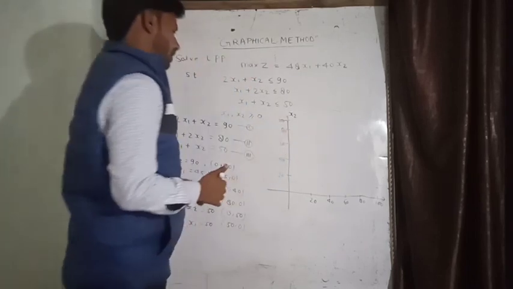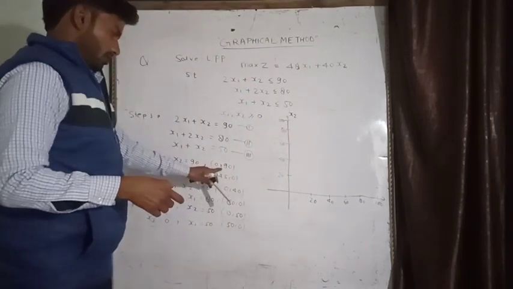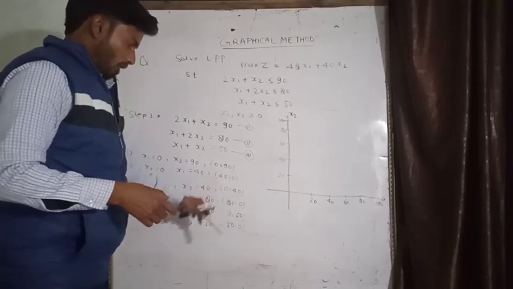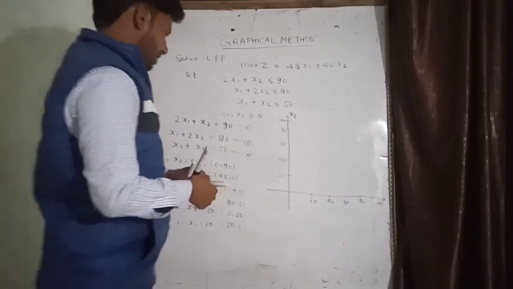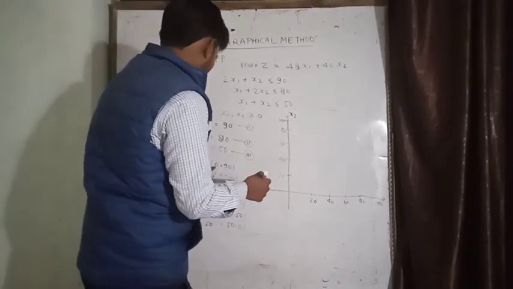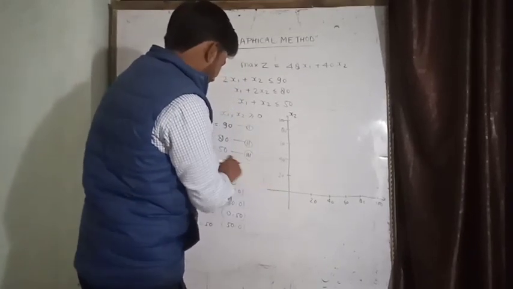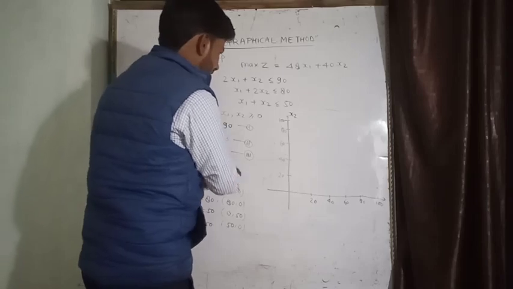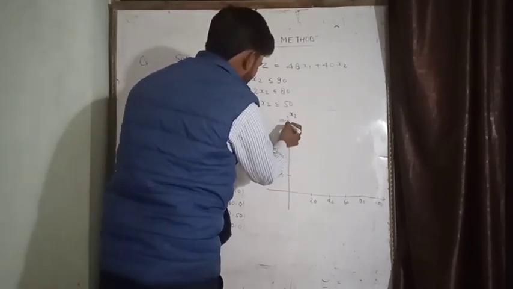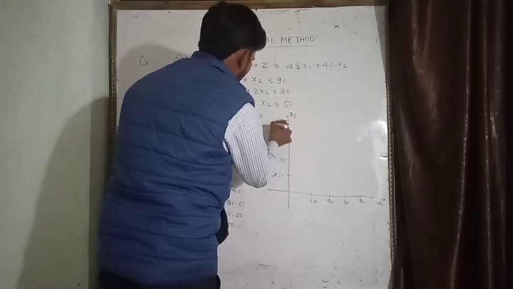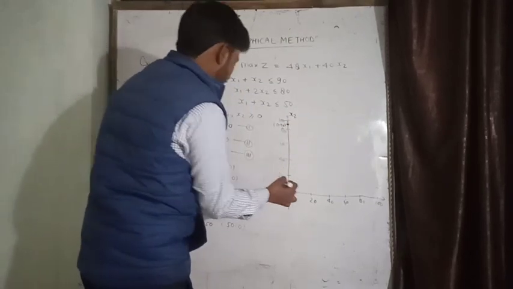So now if we draw these points on the coordinate plane, the first point is 0, 90, so x1 is 0 and x2 is 90. Now the second point is 45, 0.